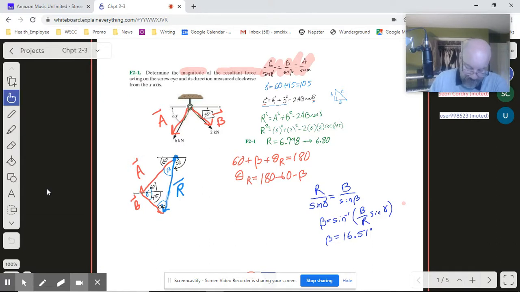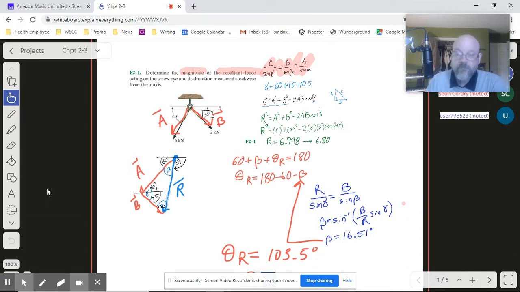Okay. So take that number, plug it in for beta, and what you're going to get then for theta r is 103.5 degrees. Okay, just like that, 103.5 degrees.